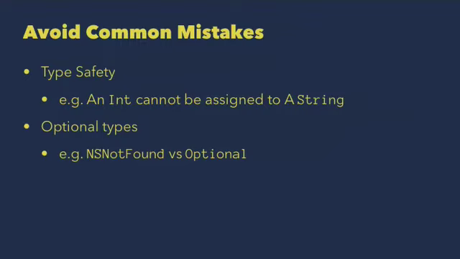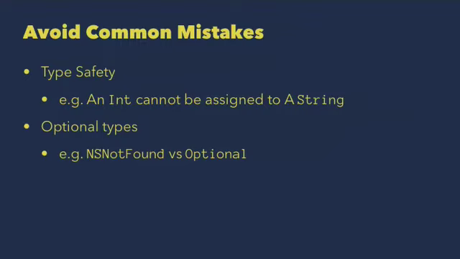So programmers can, by mistake, pass NSNotFound as an index to query an array. The compiler will not complain, because NSNotFound is the same type as an index for the array. So the compiler will pass, but it will lead to a runtime error, because this is not a valid index for the array.